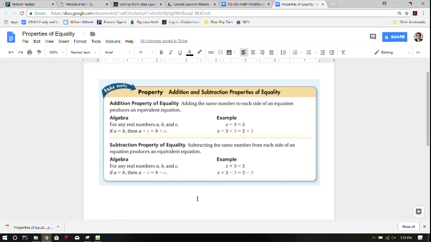Well, if I add 3 to both sides, that still is balanced. The same is true for subtraction. If you have 3 numbers a, b, and c, and a equals b, then you can subtract c from both sides, and you'll see that it's still true.